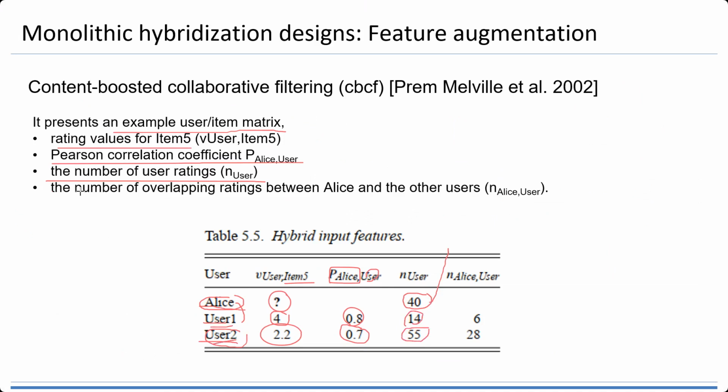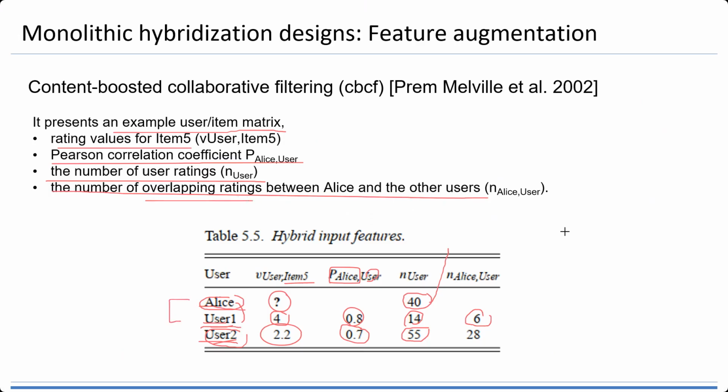And we want to check the number of overlapping ratings between Alice and other users. For example, here 6 means there are 6 items where Alice and user 1 both have ratings.